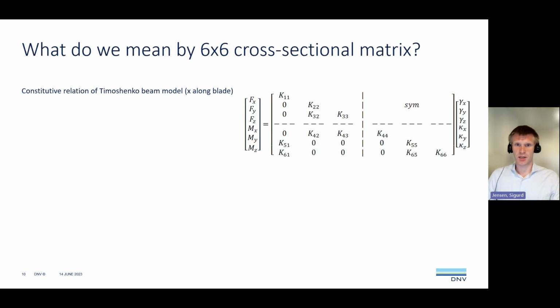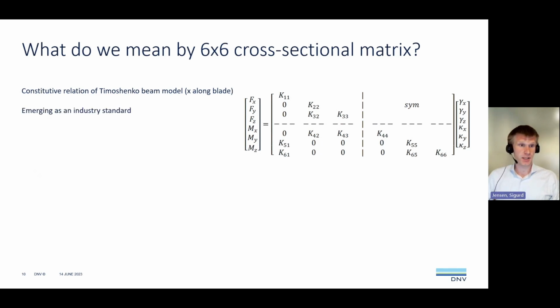So it's relating those two, and in this case, the 6x6 matrix is associated with a reference axis, and it can also take other shapes if it has more complex material models, such as a fully populated anisotropic model, and it can also be simpler if model assumptions are made. So this is the constitutive relation of a Timoshenko beam model, where x is along the beam.